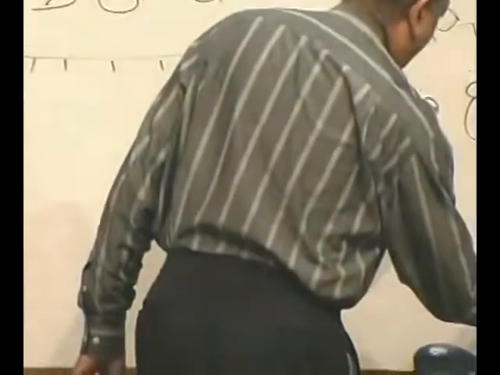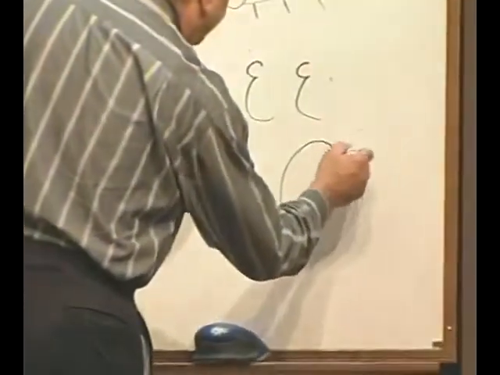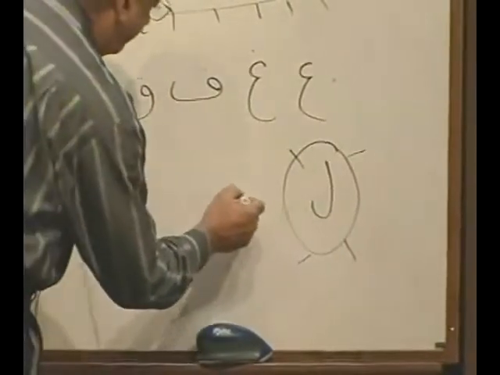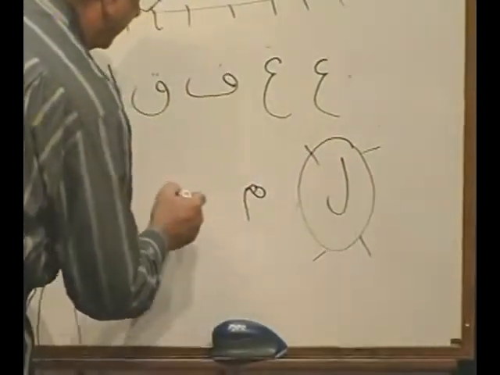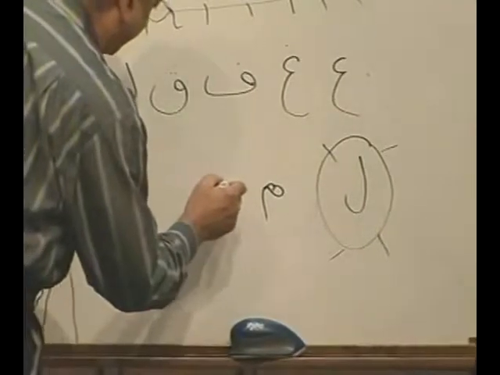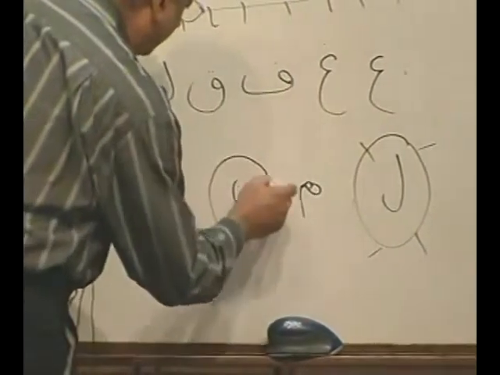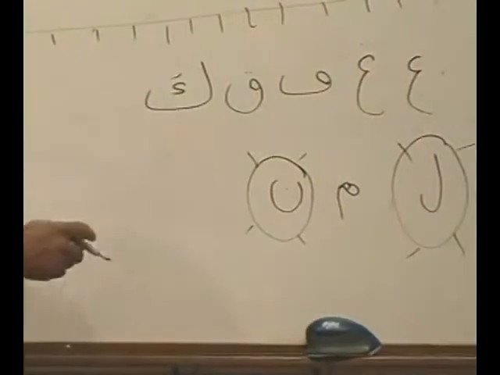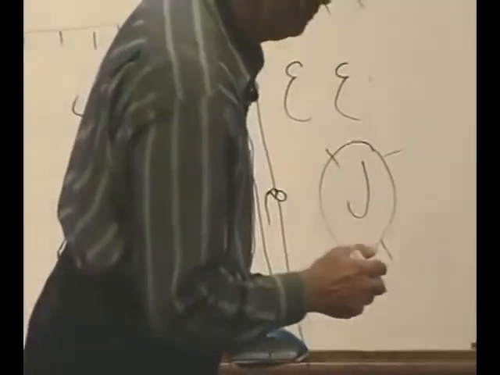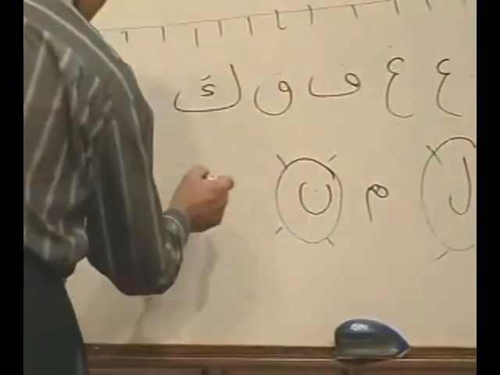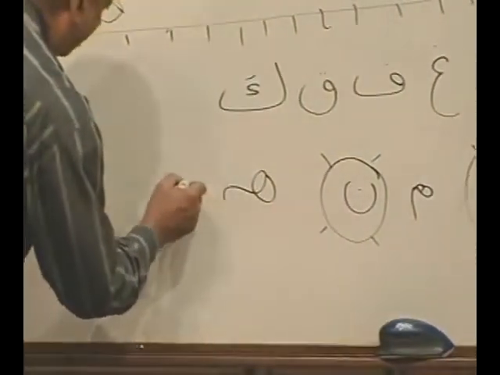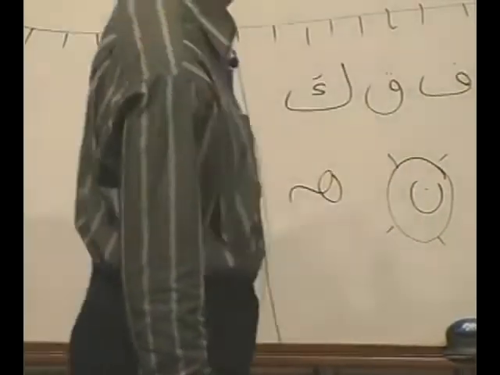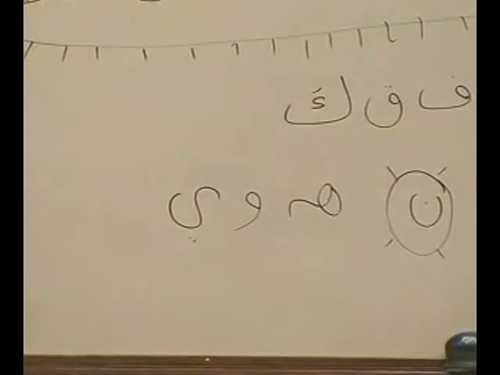Then we have Lam, also a sun. And then we have Meen, which is not sun. And then we have Noon, which is sun. In my book, I wrote it in different colors. And then we have Ha, and then Vav, and then Ya. Okay. Are you with me, brothers and sisters?